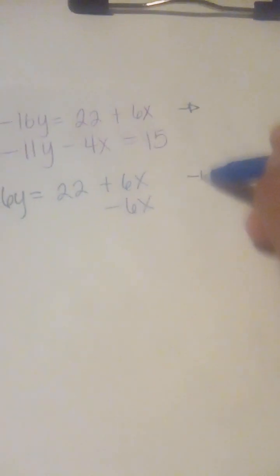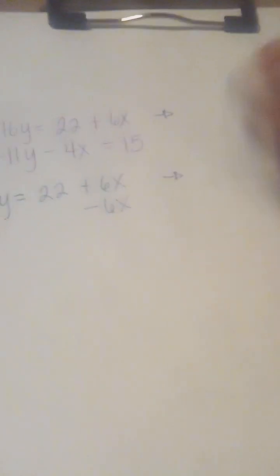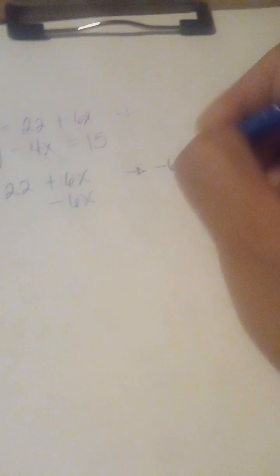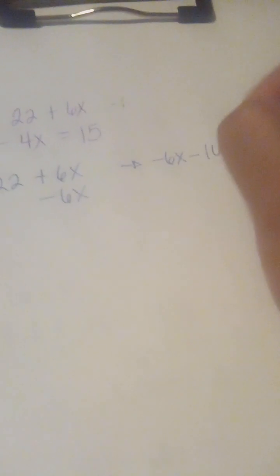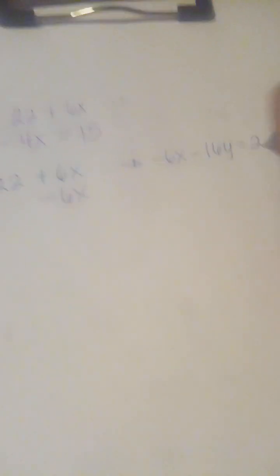Bring the 6x across, so we get negative 6x. Our new equation is negative 6x minus 16y equals 22.